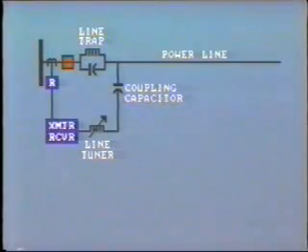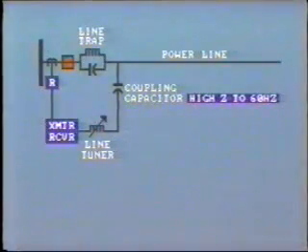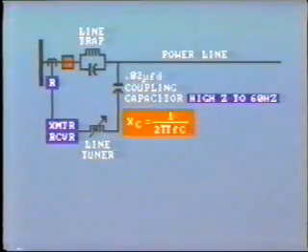say, 120 volts. The value of the capacitor is selected so as to provide high impedance to the 60 hertz line current. For example, let's say the capacitor has a capacitance of 0.02 microfarads, that is 0.02 farads divided by a million, or 10 to the sixth.